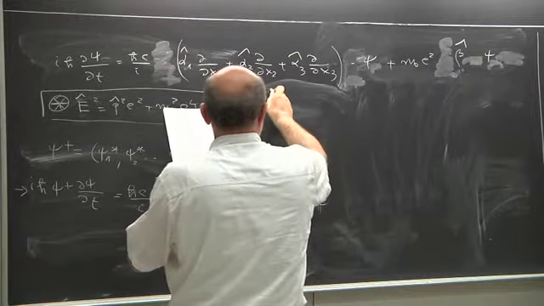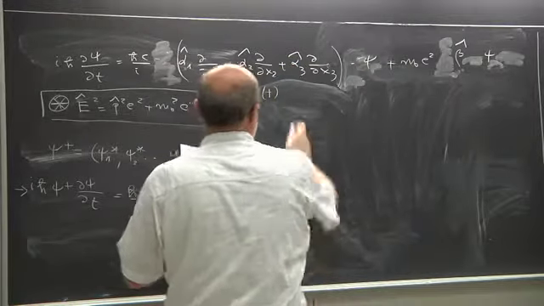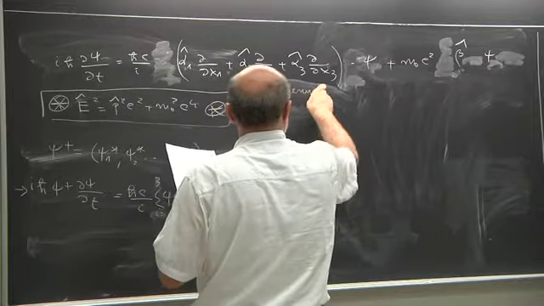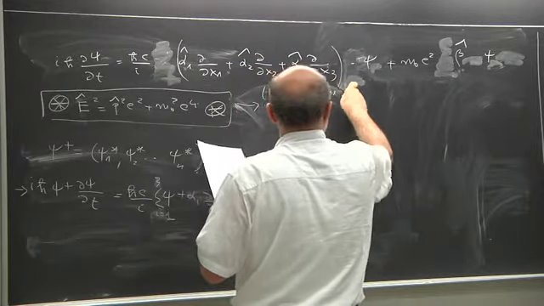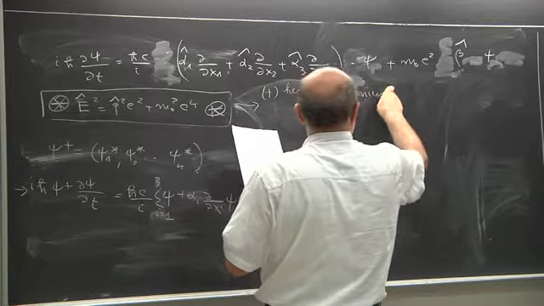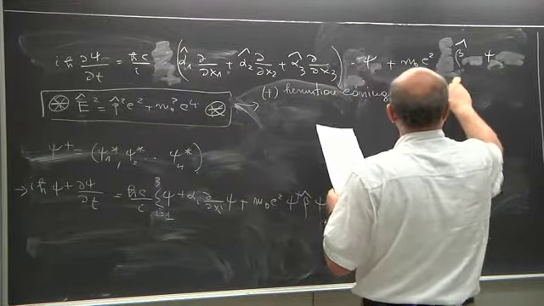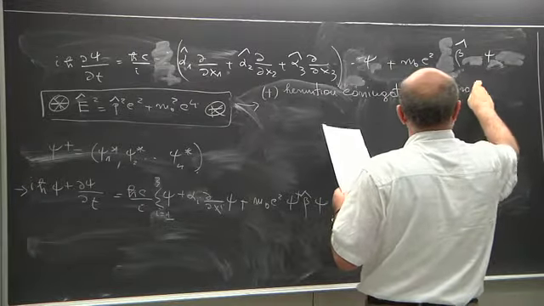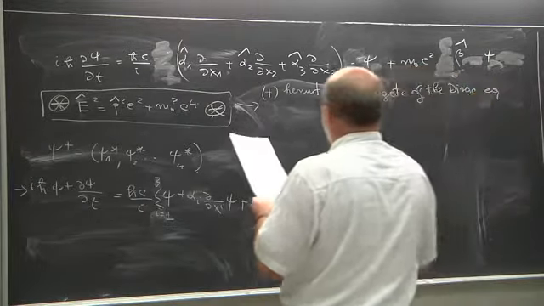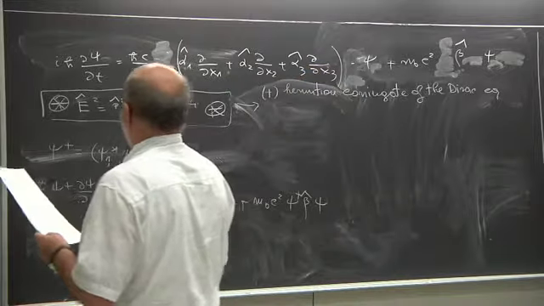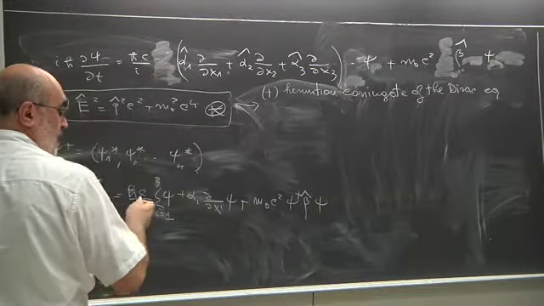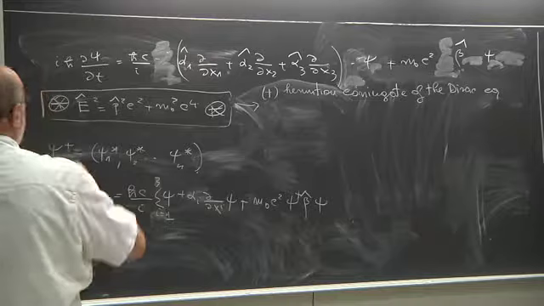If we do the Hermitian conjugate of the Dirac equation, it means you have to transpose and take the complex conjugate.